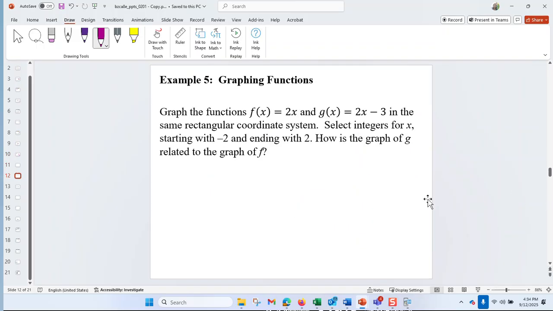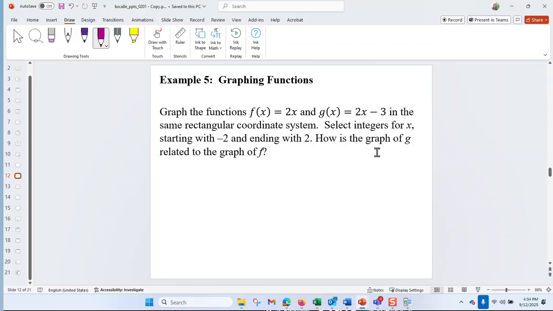Now, graphing this function: if I have y equal to 2x and another y equal to 2x minus 3, what kind of relationship do we have for these graphs? One thing I notice is these two graphs look the same, except this one is moved down 3 units.